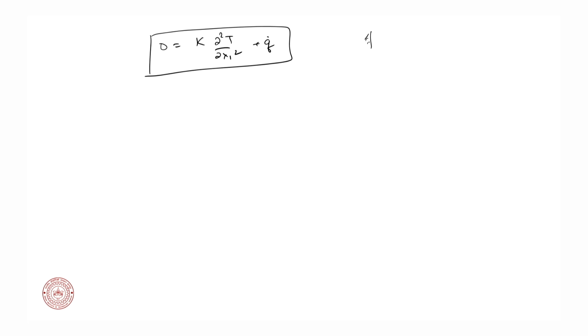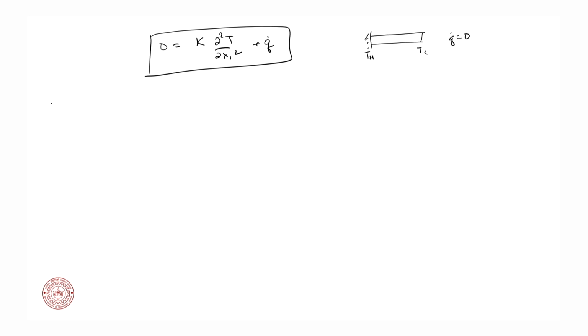Let us again take this rod. Assume that there is no heat variation in this case. Q dot equals 0. So, the left side has a temperature of T hot, right side has a temperature of T cold or Tc. That means that there is a linear temperature variation through this. So, we have two boundary conditions to solve this.